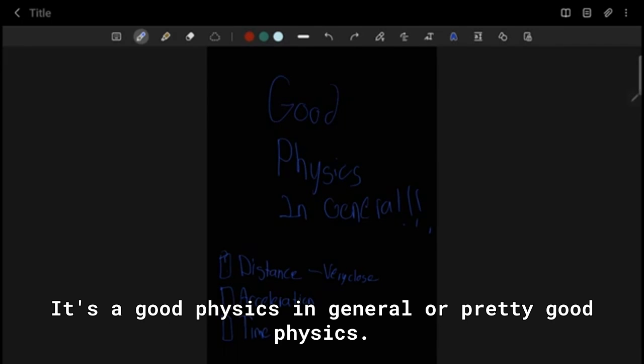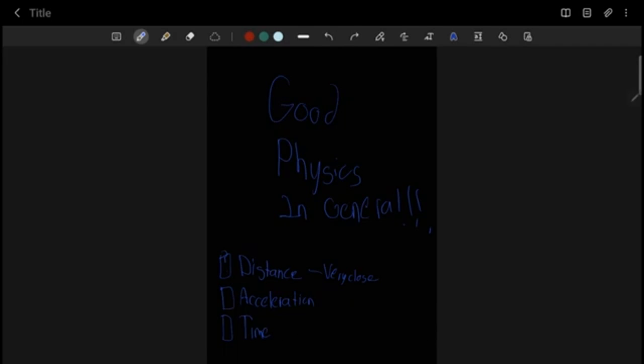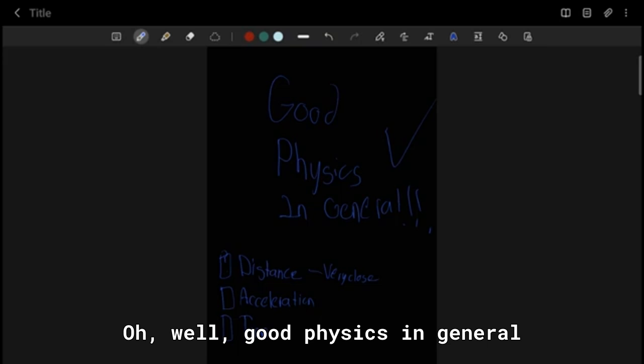Is it good physics in general or pretty good physics? I can't decide. Good physics in general it is. No, wait, I can't decide. I had decided, but now I can't. Oh well, good physics in general it is.